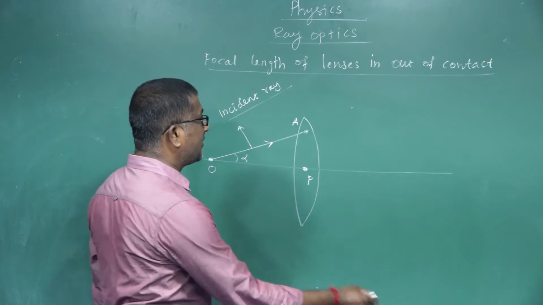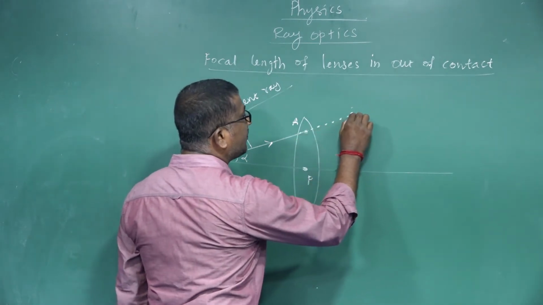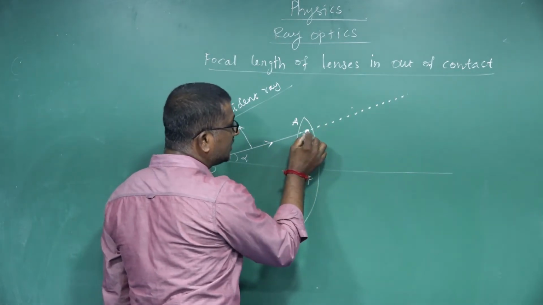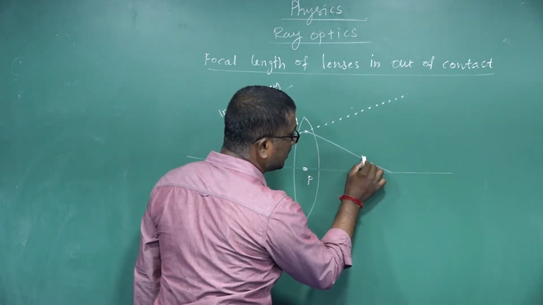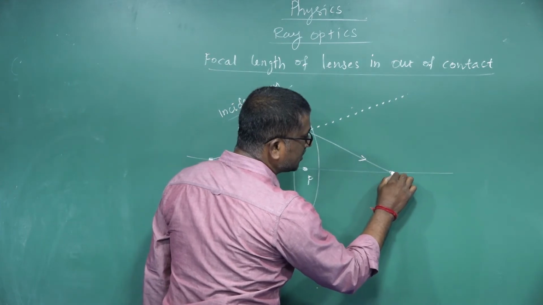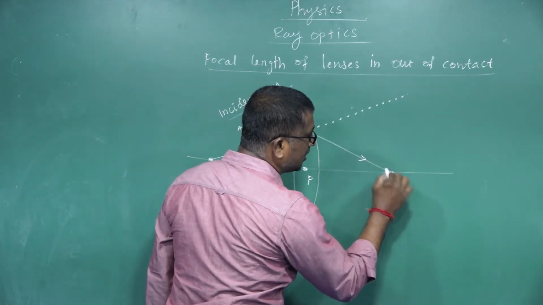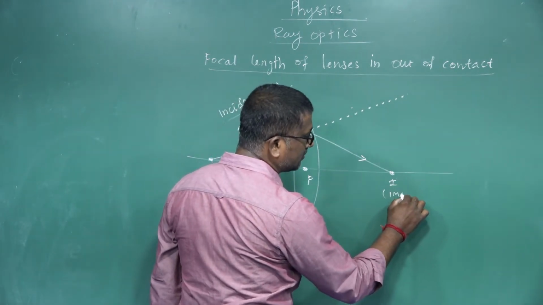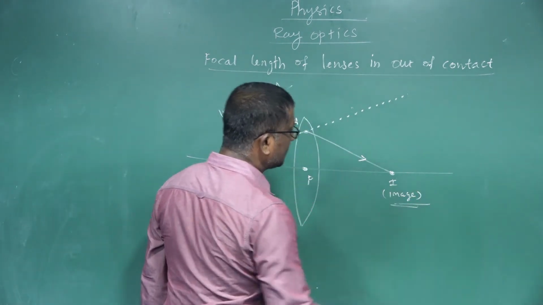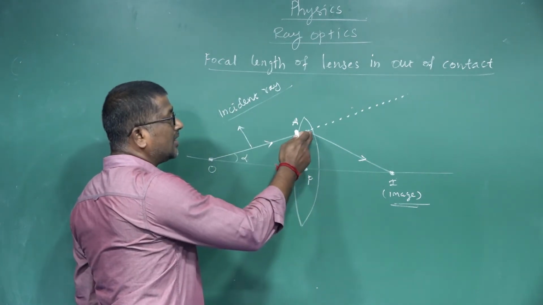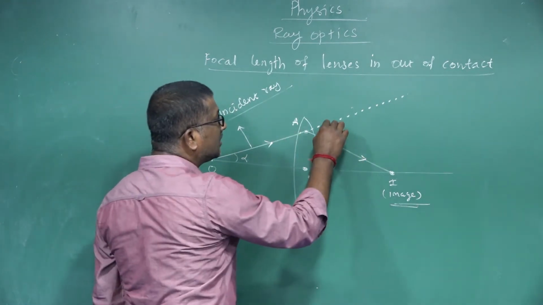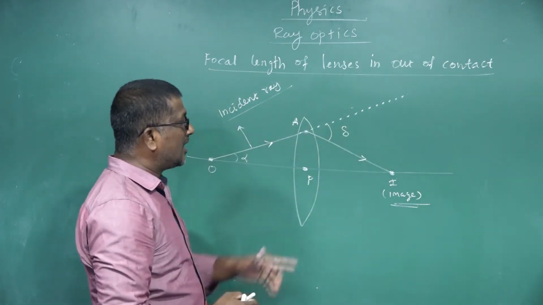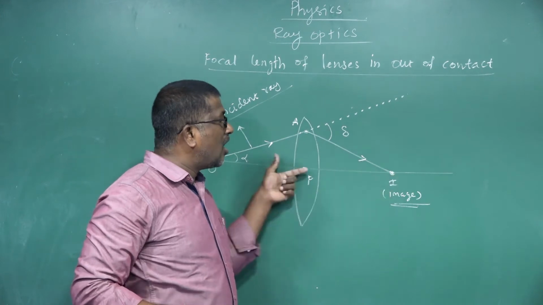So due to the refraction, this ray is deviated and strikes at point I on the principal axis, where the image is formed. The ray is deviated through an angle, suppose del, and forms an image I on the principal axis.